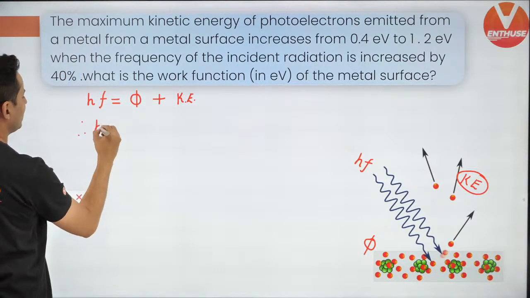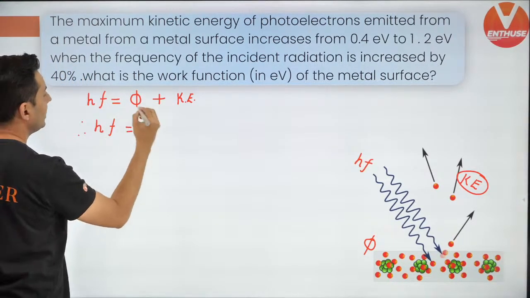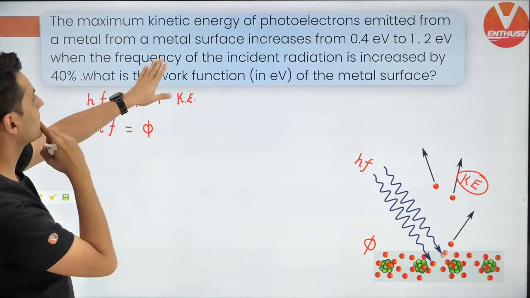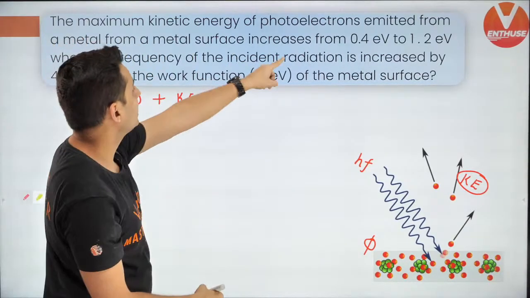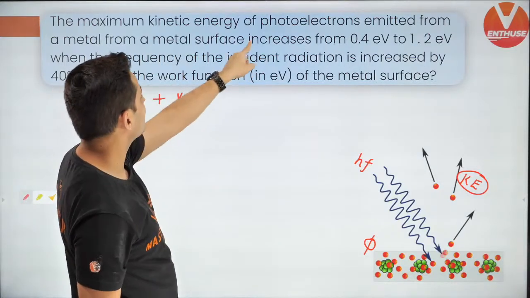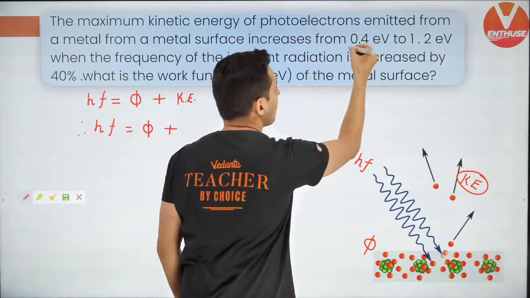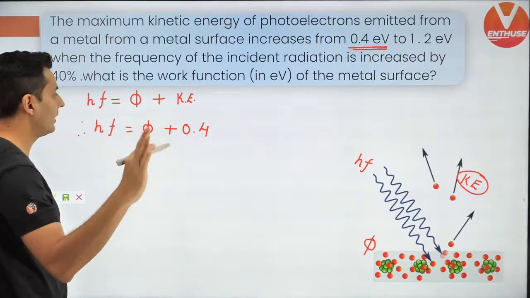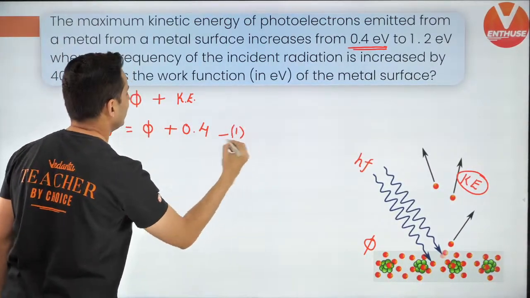In the first situation, the photoelectron's kinetic energy is 0.4 electron volt. That is my first equation.